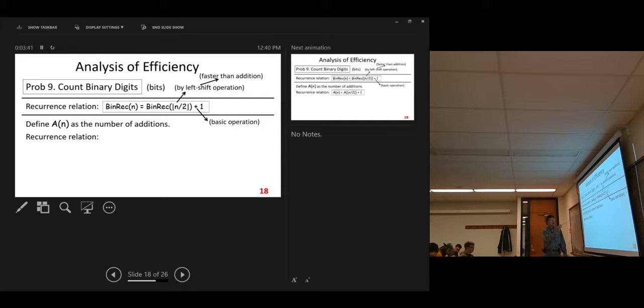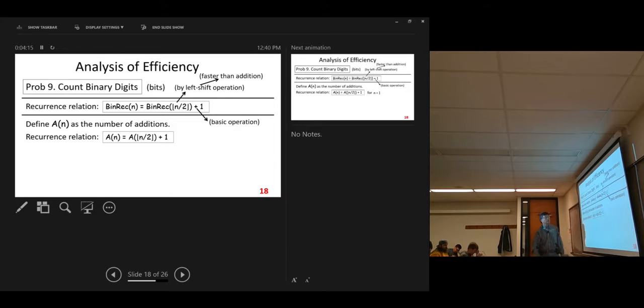Now, we get a recurrence relation for this A function. In order to solve the whole problem, we need this many additions. But we split, remember, we get the size by half. To solve this problem, we need A of this number of operations, but there is one extra addition.